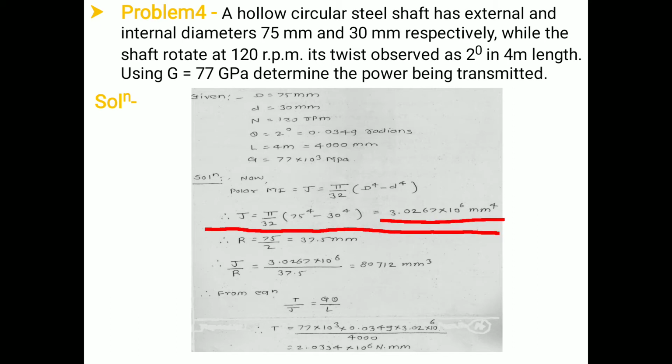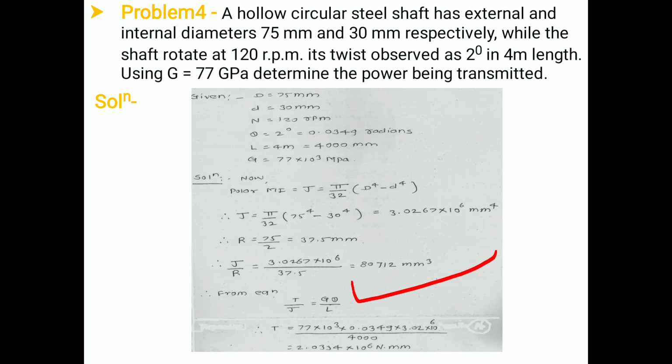So in this manner we have found the value of J. Now we are going to find out the value of J upon R, that is J upon 37.5, so it will become 80,712 mm cube. So on putting all those values into this equation, we have T is equal to 2.0334 into 10 raised to 6 Newton mm.